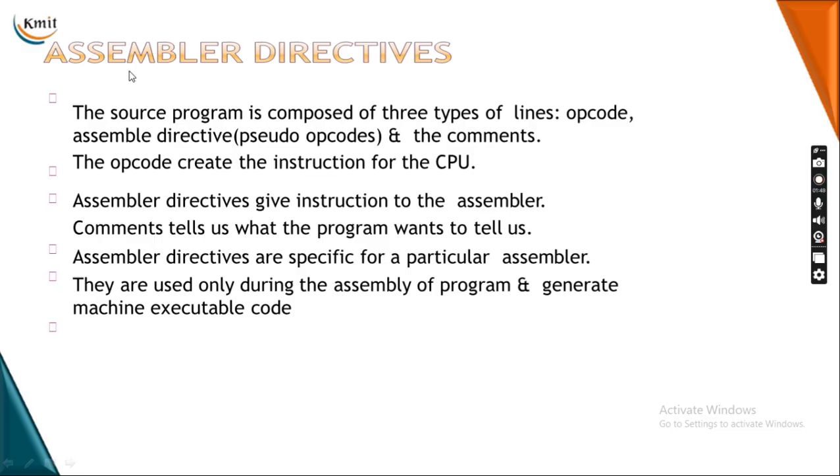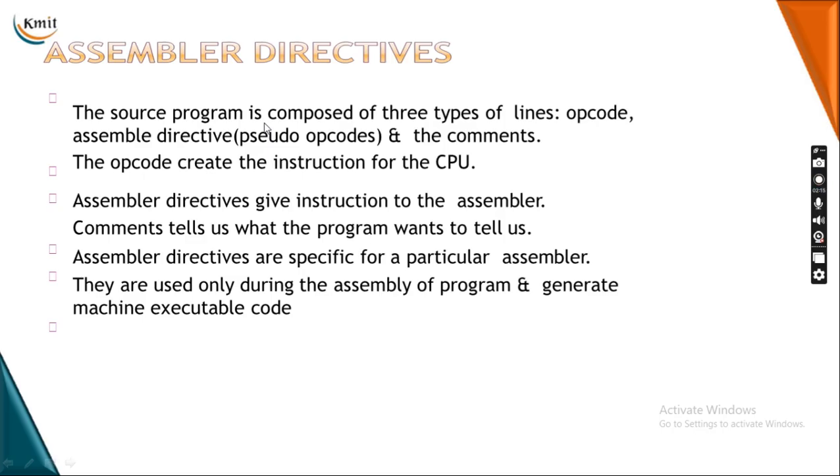These instructions of the microprocessor written in English short form are assembly language instructions, and the corresponding program is called an assembly language program. The source program is composed of three types of lines.